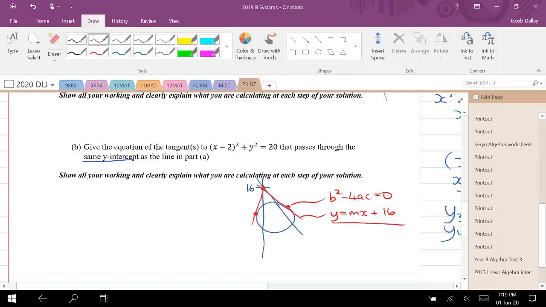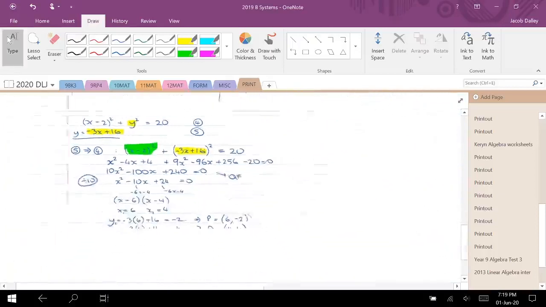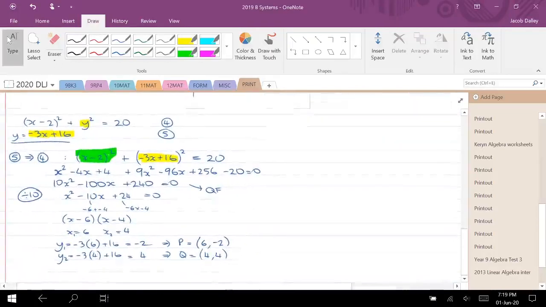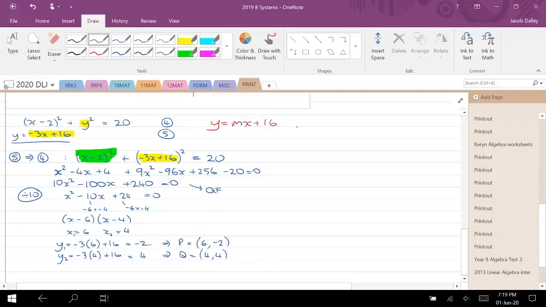We do know that these two line equations are going to go through 16, that's why we've got that 16 there, because they go through the same y-intercept. So we're going to rename this equation 6. So y equals mx plus 16 is equation 6.